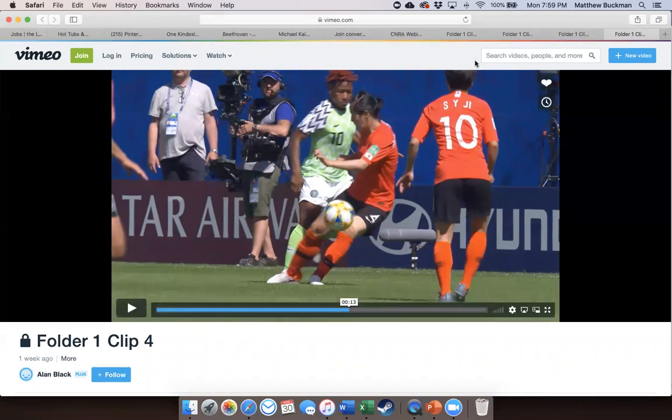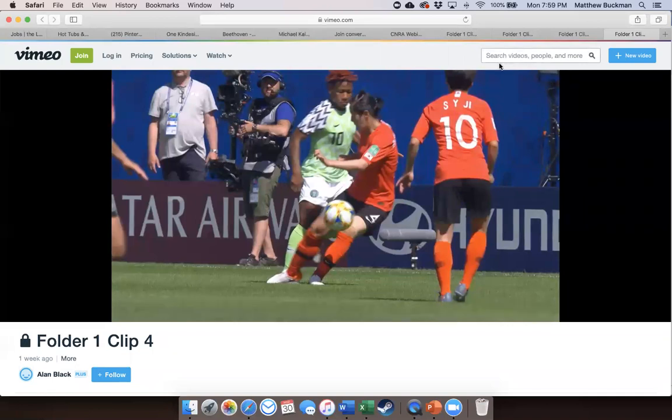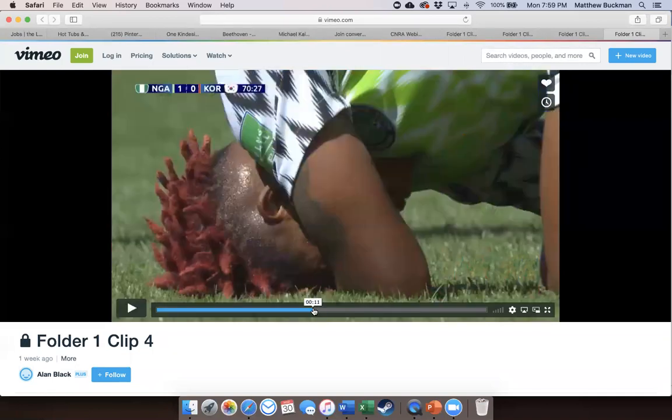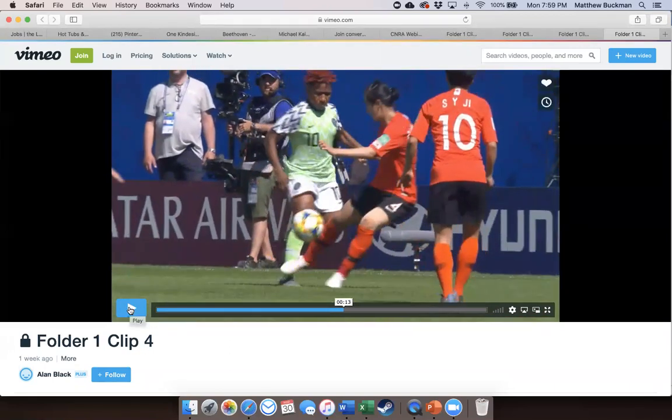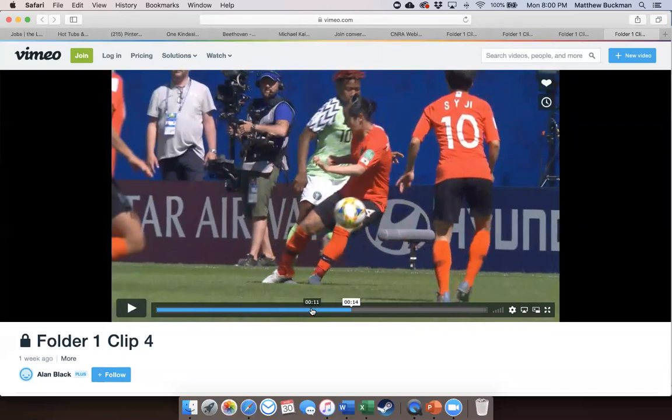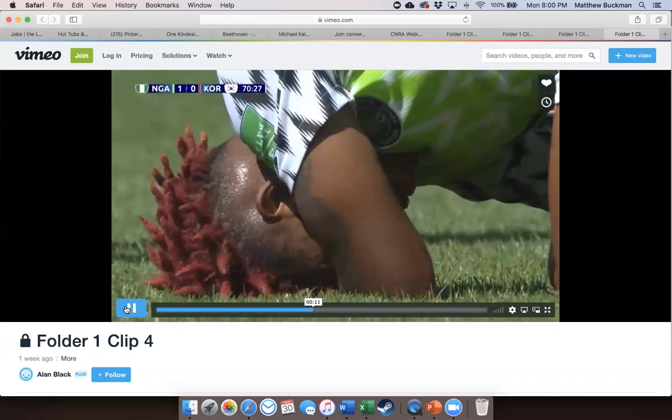Not dissimilar to the second clip that we saw, this contact comes to the shin, but is done in a glancing manner. As you can see, it slides down the leg.